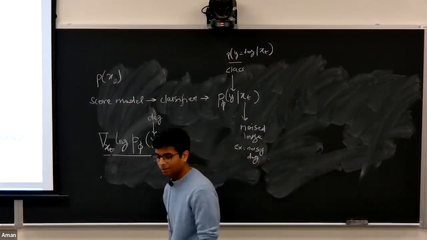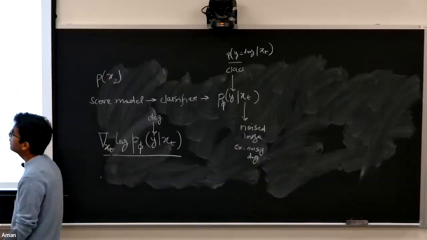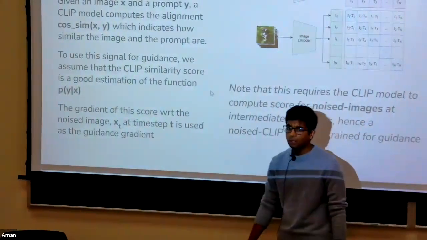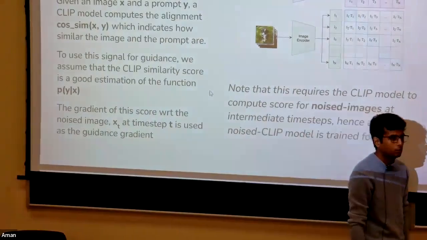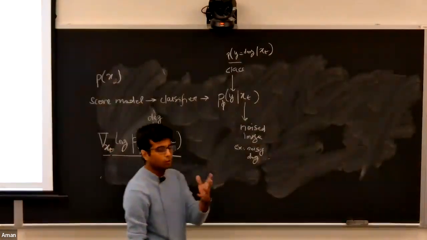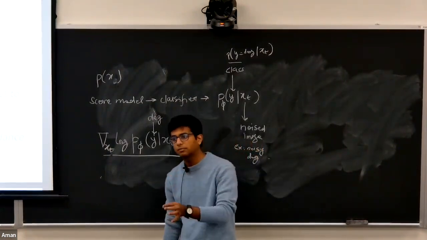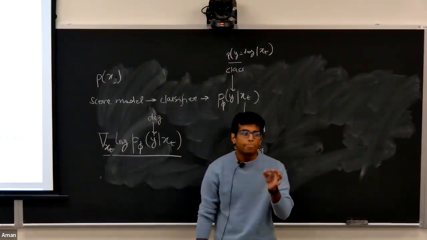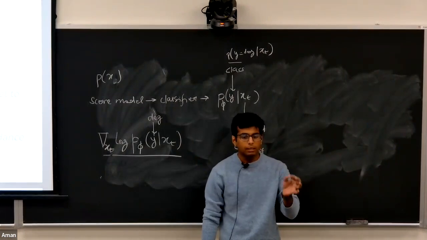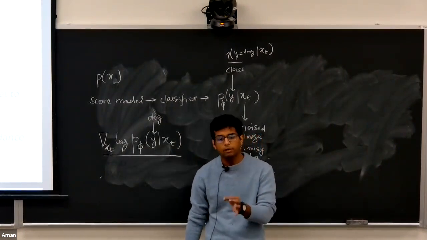Now, let's say you want to directly condition it using a CLIP model. So classifier guidance, what is the problem with classifier guidance? The problem is that you have to train an independent classifier, which already should know the category that you want to generate from your model.